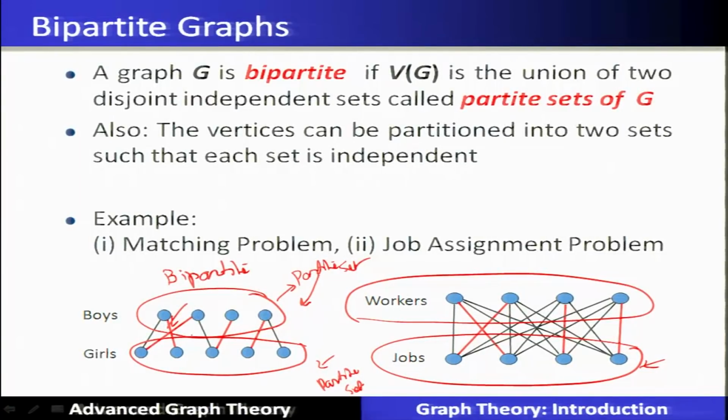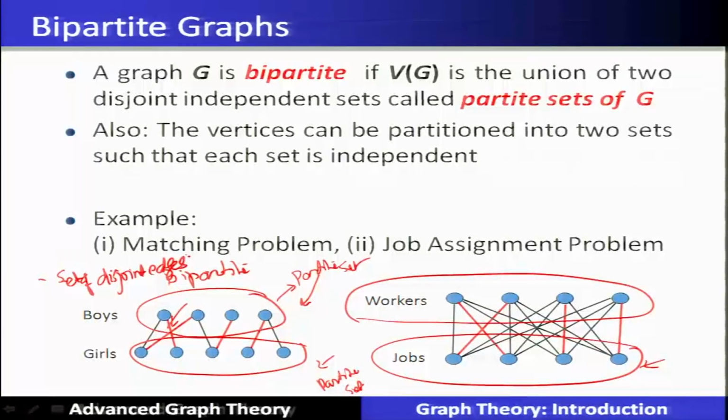So, a set of such disjoint edges is called a matching. So, you have to find the set of disjoint edges so that it will solve some problem in an efficient manner, in an optimal manner.